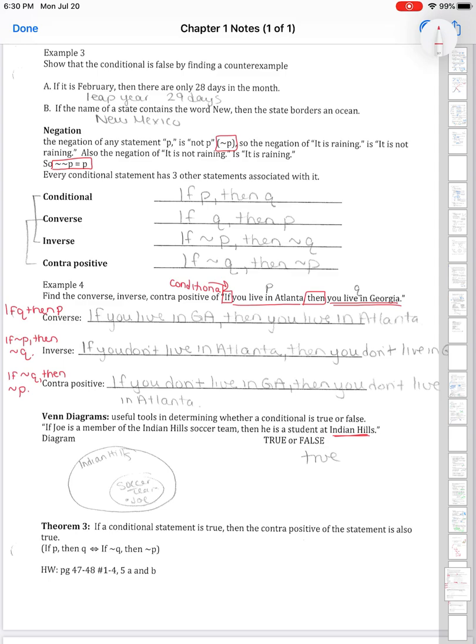So that's my larger circle. Within that circle, we have a soccer team. So that soccer team has to go inside, because if you're on the soccer team, that means you go to Indian Hill. And then it says, if Joe is a member of the soccer team, then he is a student at Indian Hill, which means we make a little dot for Joe inside. He needs to be in the soccer team, which means he's also a member of Indian Hill. So this would be a true statement.